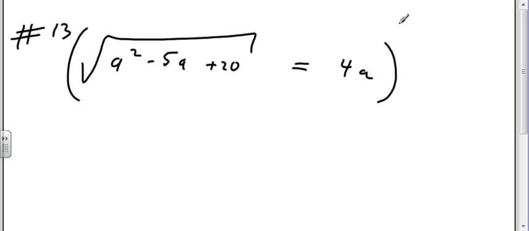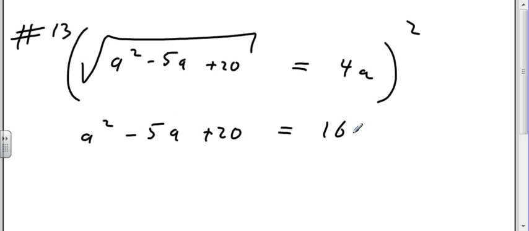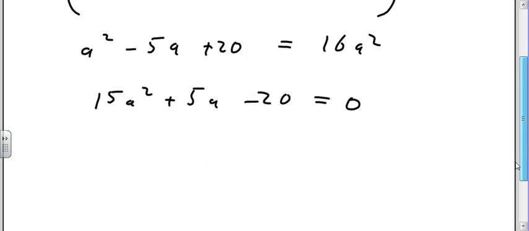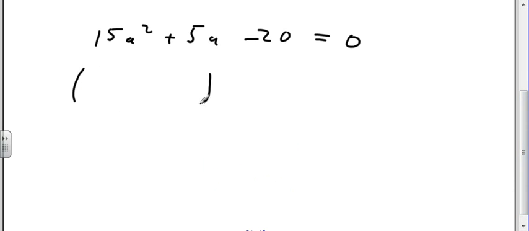Okay, I'm going to square both sides of the equation. A squared minus 5a plus 20 is equal to 16a squared. I've got 15a squared plus 5a minus 20 equals 0. And I think about factoring that.